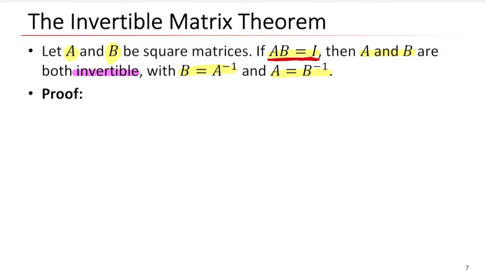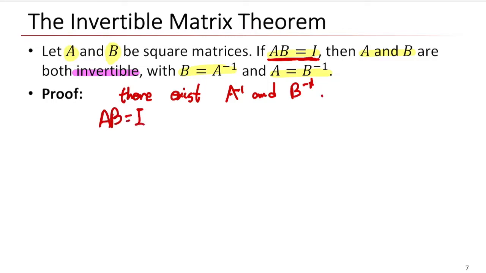So from this statement, first of all, there exist the inverse of matrix A and the inverse of matrix B, right? Then from AB equal to I, by multiplying the inverse of A on the left hand side and the right hand side, something like this, this is just the identity matrix.